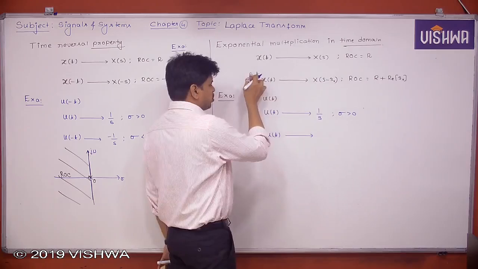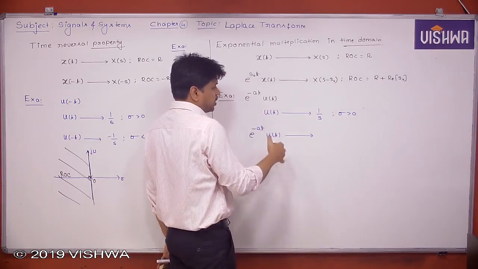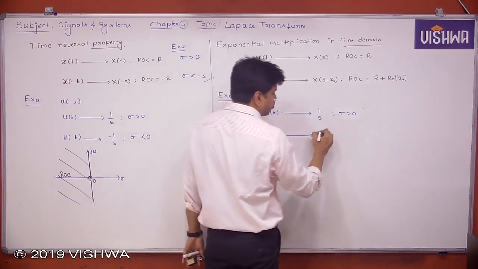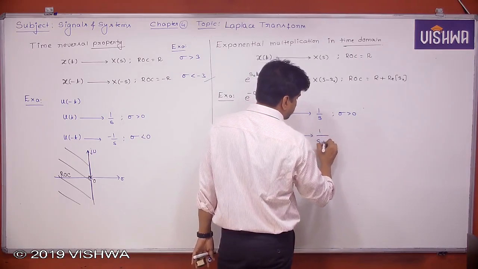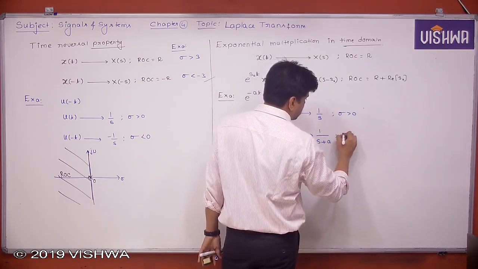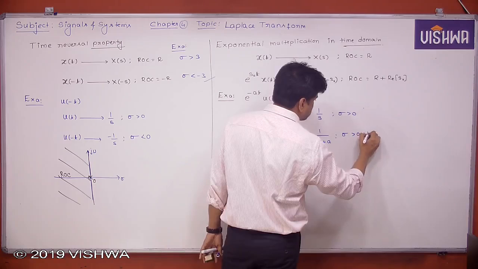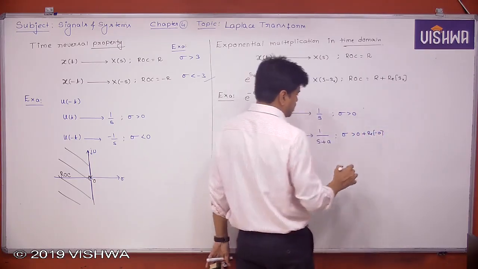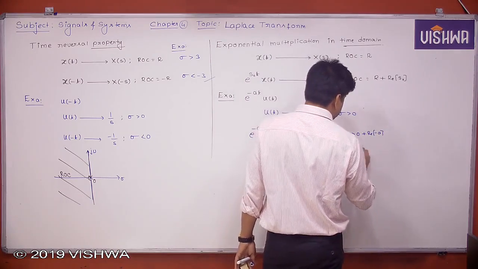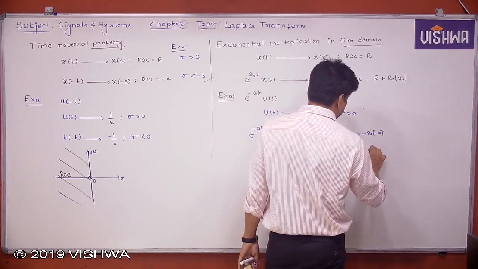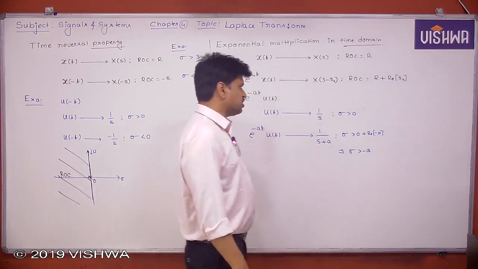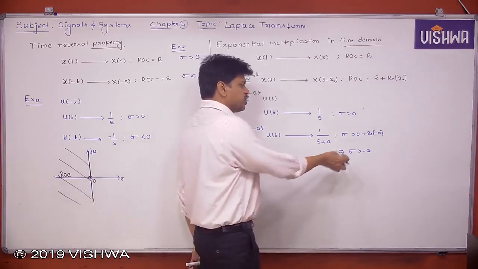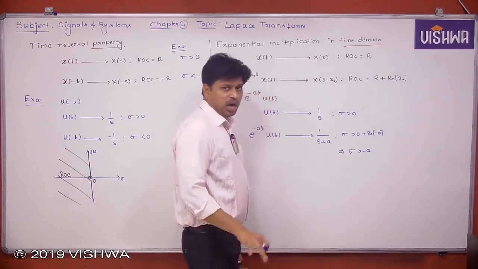If it is multiplied with the exponential, e power minus at u of t, then s minus s naught, if it is positive, but it is minus a, so it has to be s plus a: 1 by s plus a. Here sigma greater than 0 plus the real part of minus a, which is nothing but minus a, so that implies sigma greater than minus a. Actually, without knowing the property also, we can say this is the ROC. How, sir?